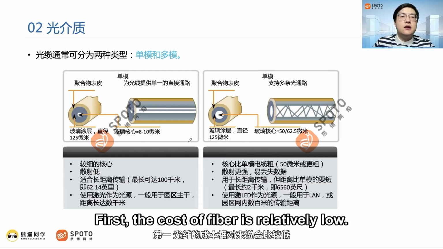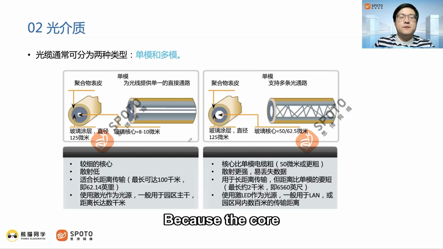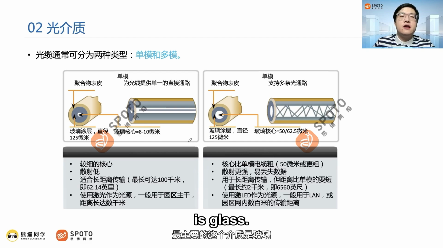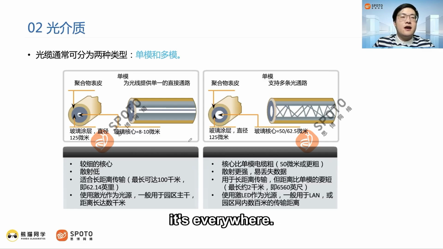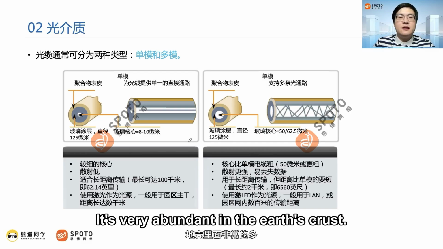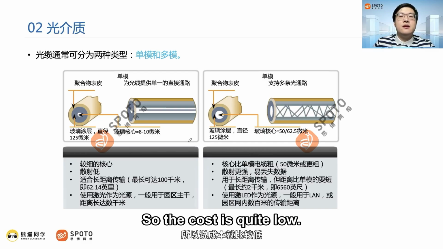First, the cost of fiber is relatively low, because the core primary medium inside fiber is glass strands. Now, this glass strand material is everywhere. It's basically quartz sand, just yellow sand. It's very abundant so the cost is quite low.